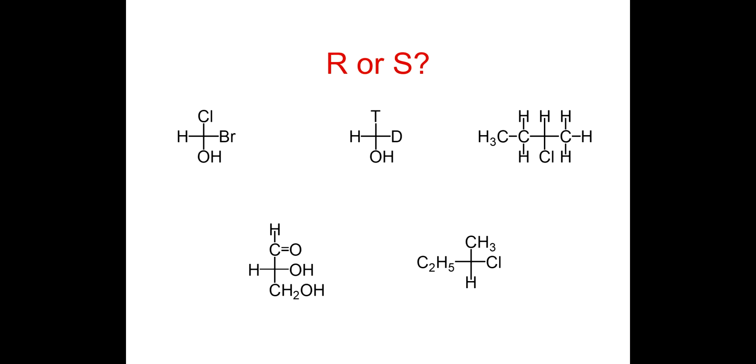Let's do step 1, okay? Determine the priority first. This is C2H5, it's ethyl. And H is hydrogen.